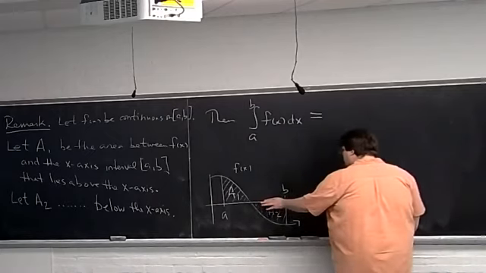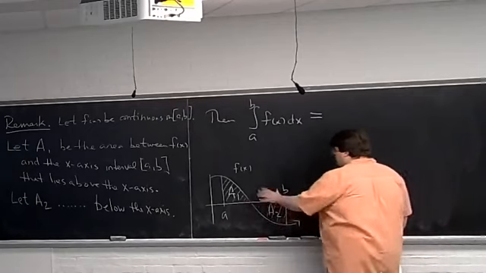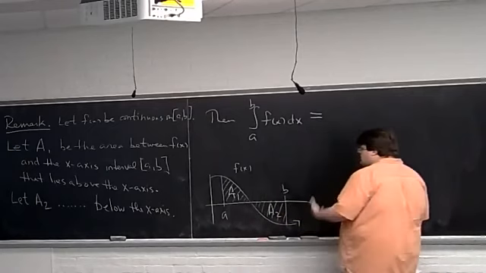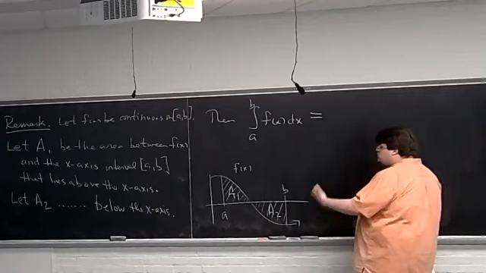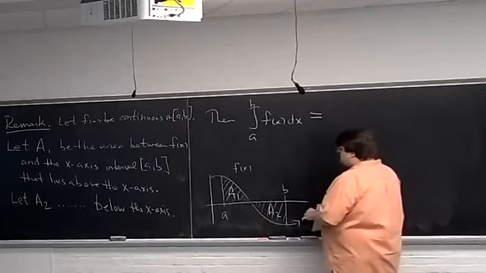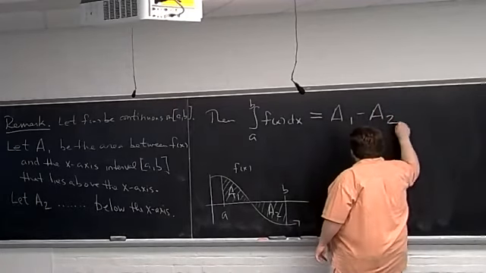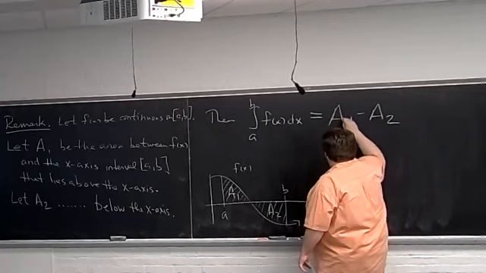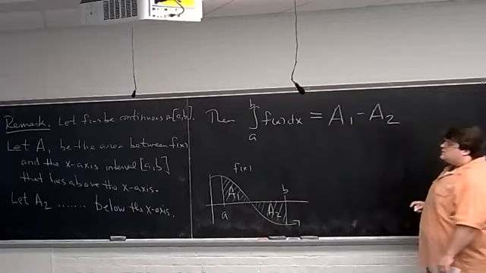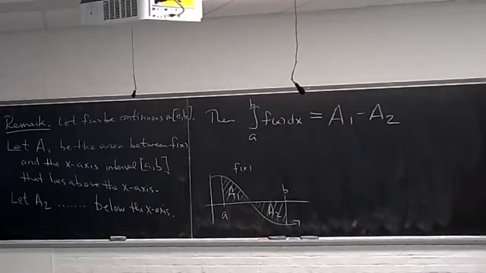And as far as that approximation is concerned, these pieces below the x-axis contribute negatively to the area. So the definite integral treats what's above the x-axis as positive and treats what's below the x-axis as negative. Any questions about that?